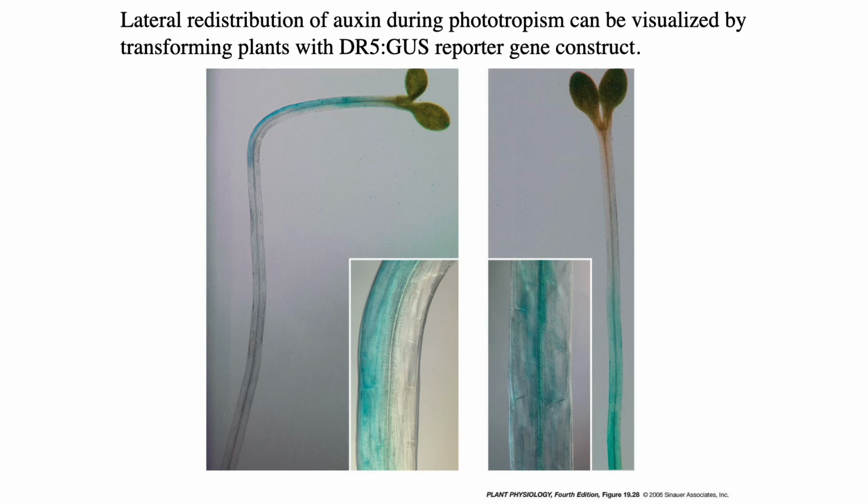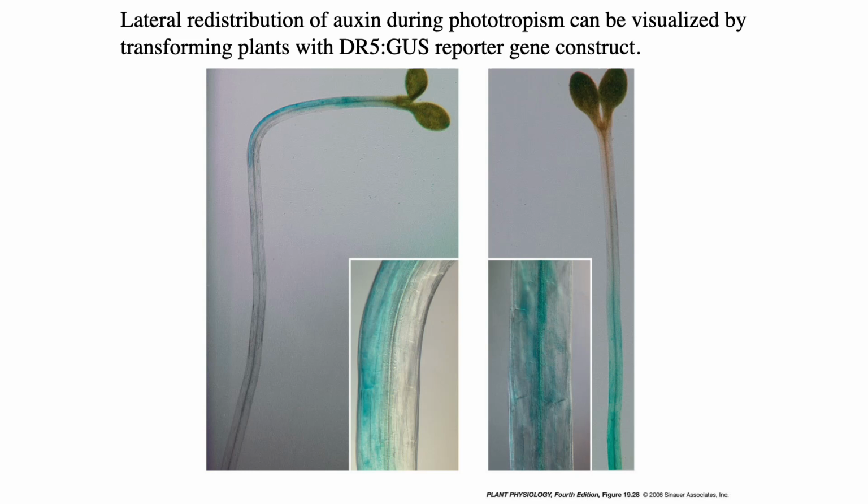On the left, you can see the lateral auxin gradients are formed in Arabidopsis hypocotyls during the bending response to unidirectional light. Auxin accumulation on the shaded side of the hypocotyls is indicated by the blue staining.